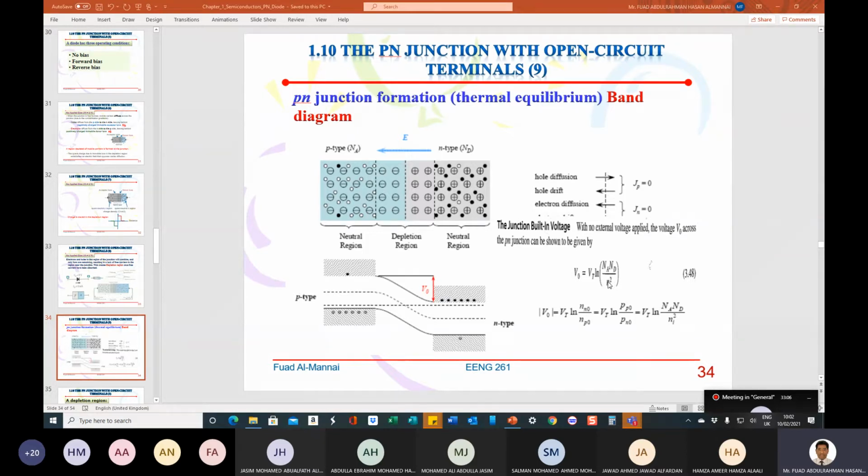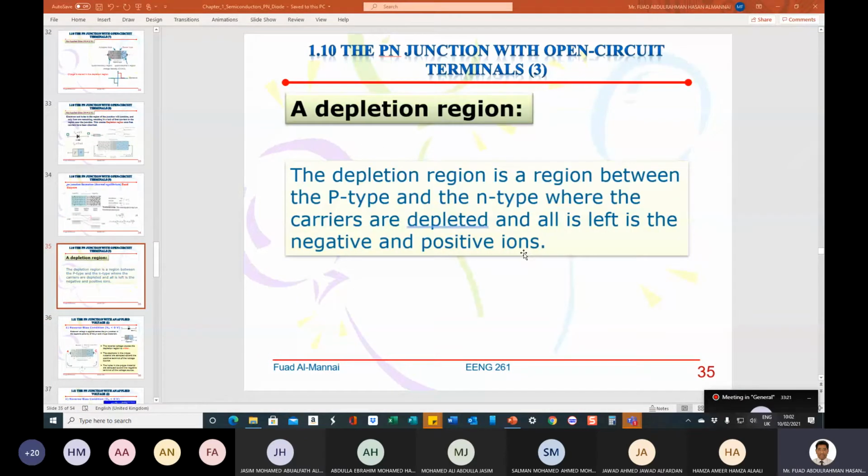So this is how you calculate VO. However, I usually give you the value of VO. Any questions?